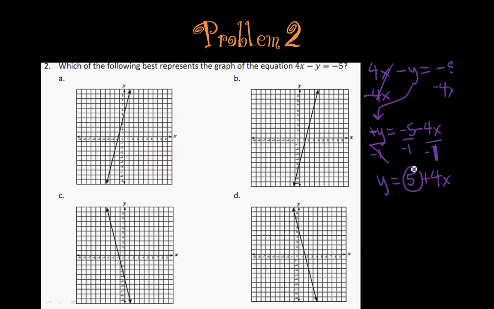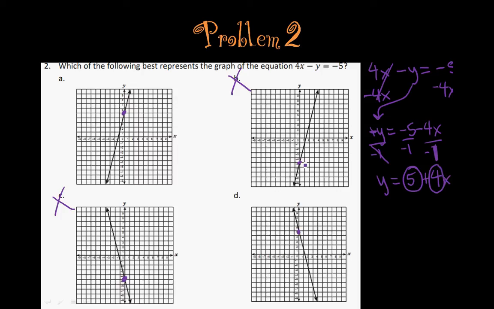So we need something that has a y-intercept of 5. Here's a y-intercept of 5. This one doesn't, that's negative 5, so that doesn't work. This one has a y-intercept of 5, and this one doesn't, so that doesn't work. And then we see that it's going to be a slope of positive 4.